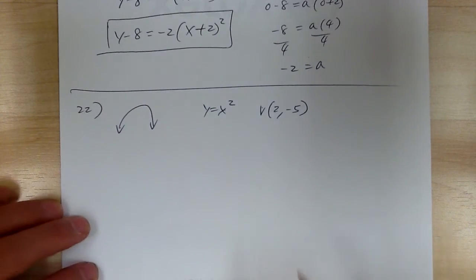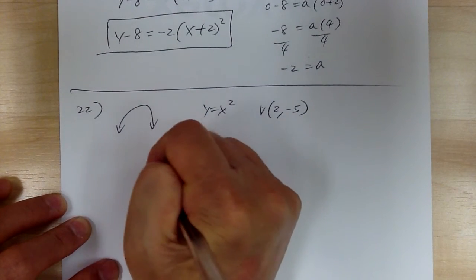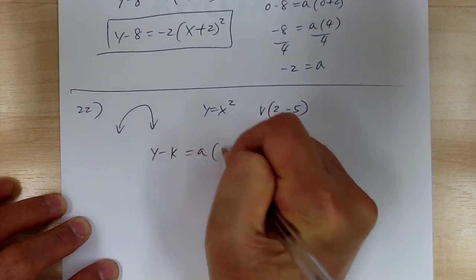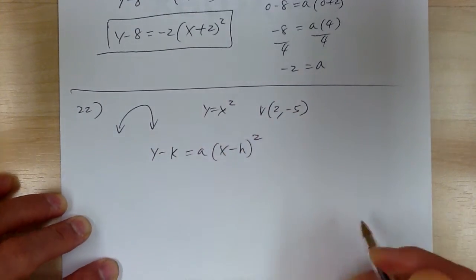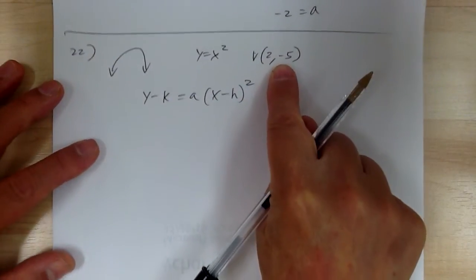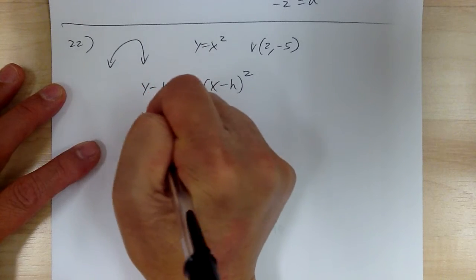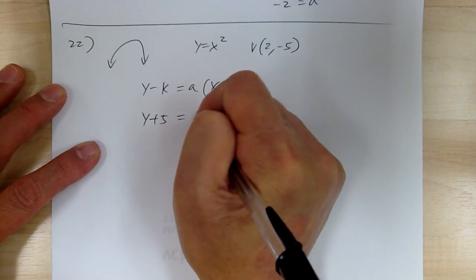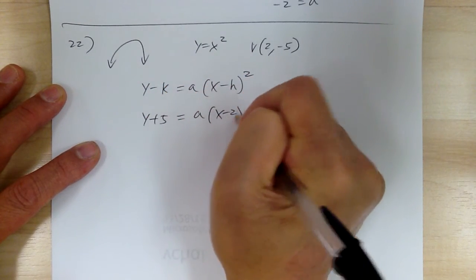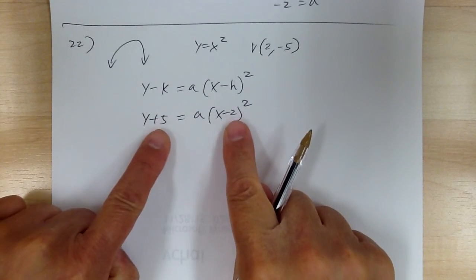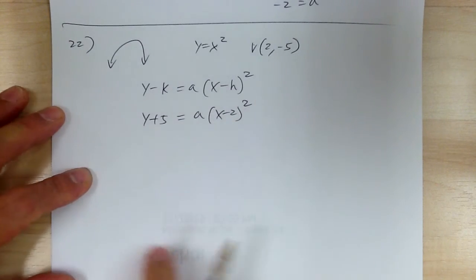So now again, first you start with your equation. The vertex is 2, negative 5, so it'd be y plus 5 equals a times x minus 2 squared. Now the h and k would be just shifting.